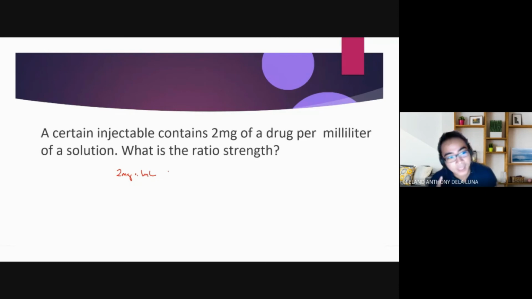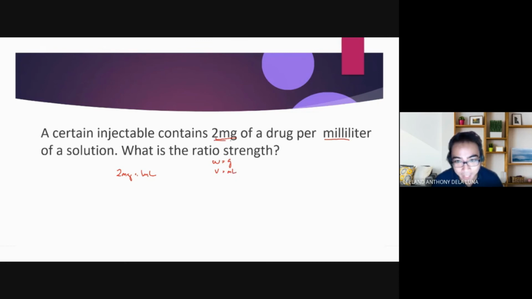Now, remember, class, when expressing a percentage or a ratio strength, if this is weight per volume, such as in the case here, the weight should always be expressed in grams. Volume would be expressed in ml.